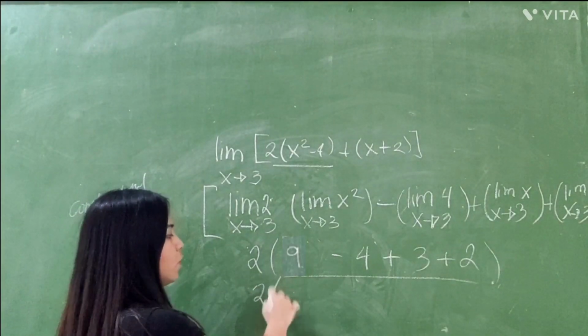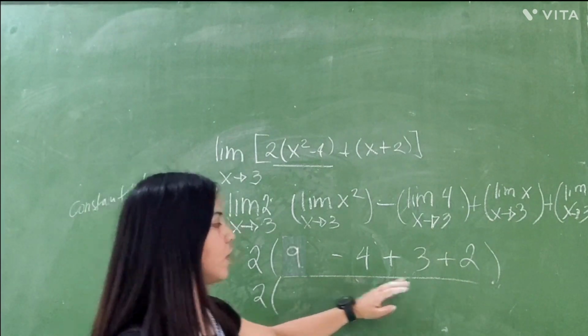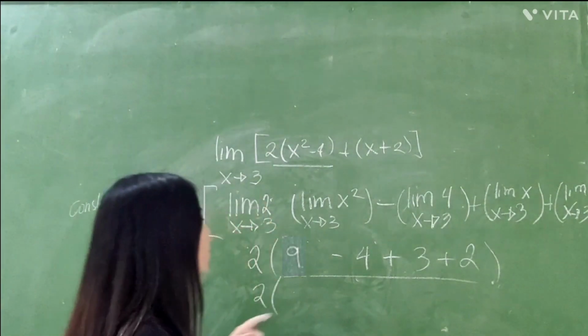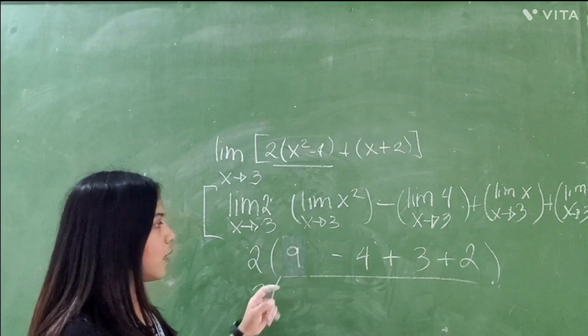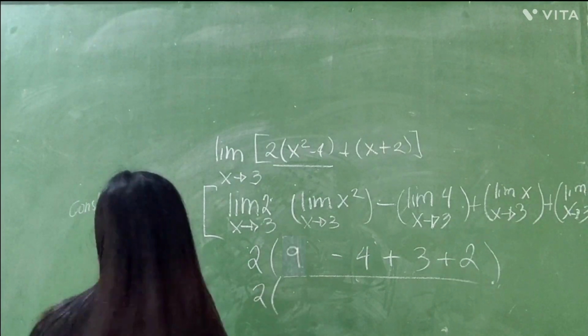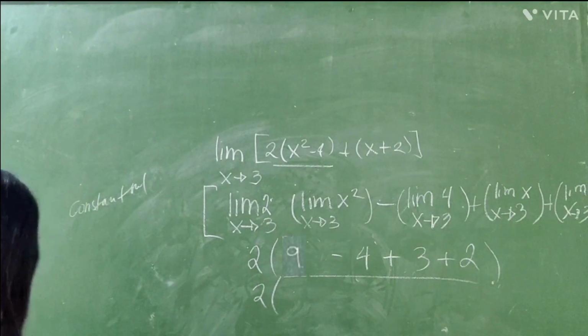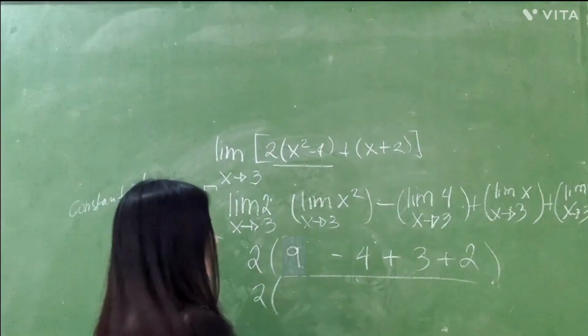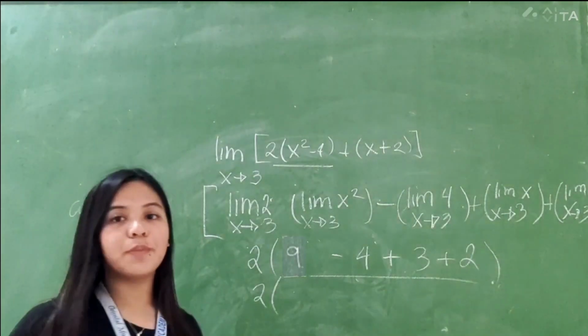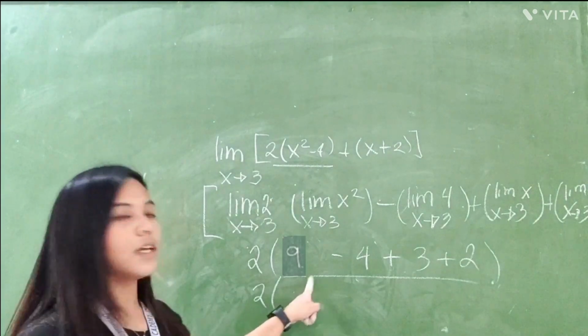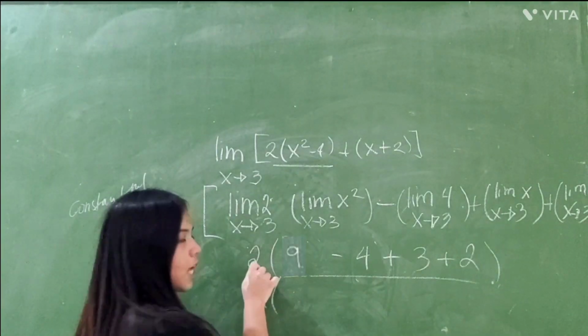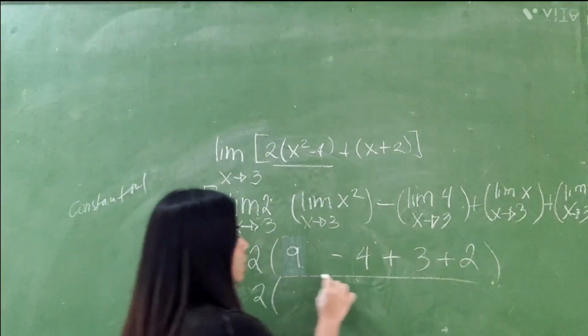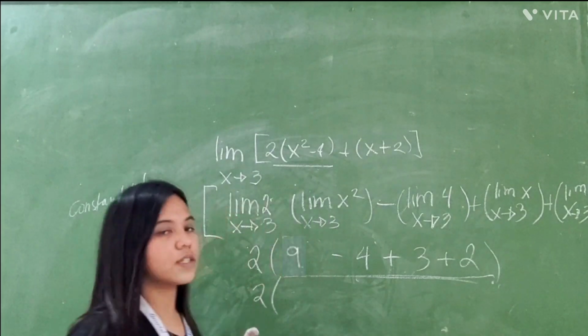So we will copy the 2 and try to solve each of them, which is the answer will be 16. So this part we will try to solve it, and we will just copy the 2. Then we will try to solve this part first.